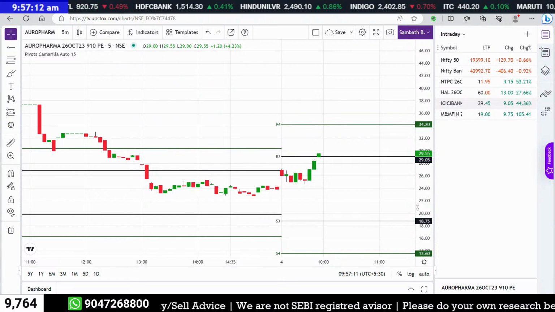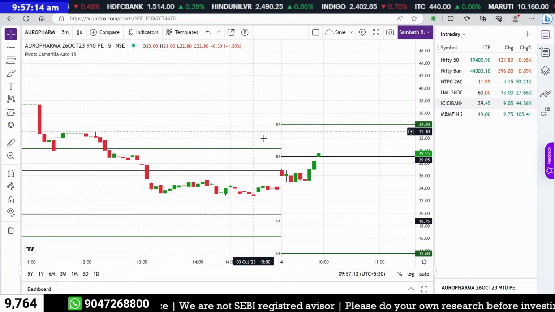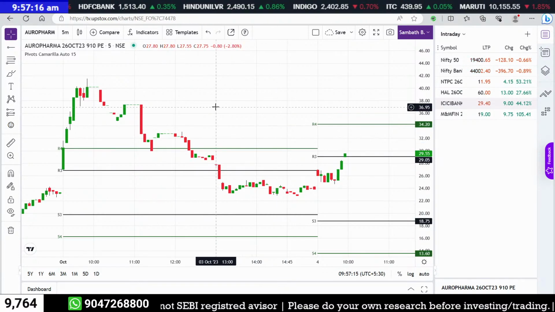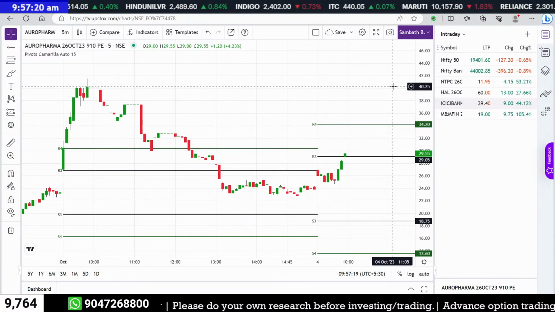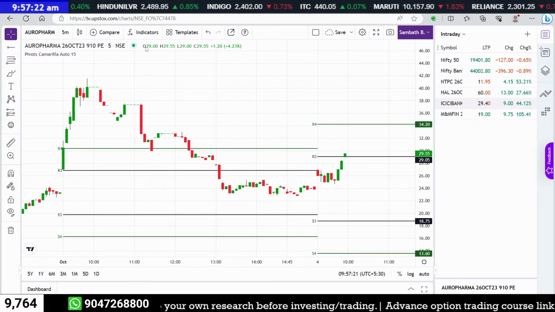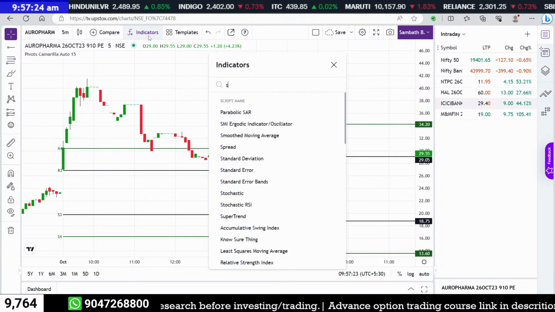This one is breakout only above 34. Maybe yesterday it moved higher and lower and now it bounces back. Of indicators available.